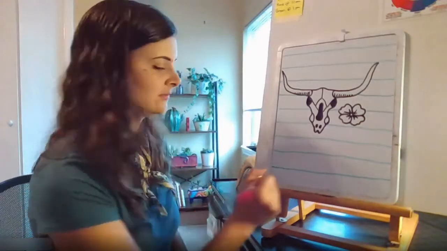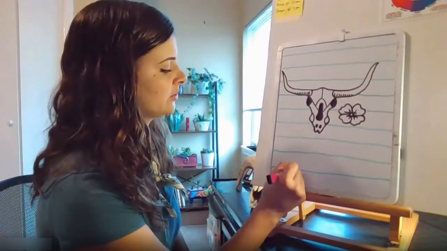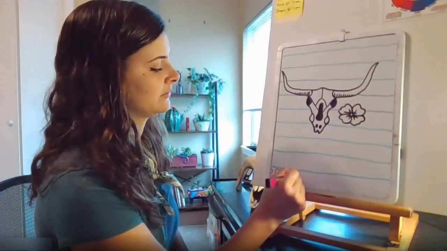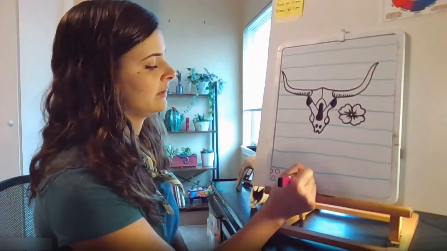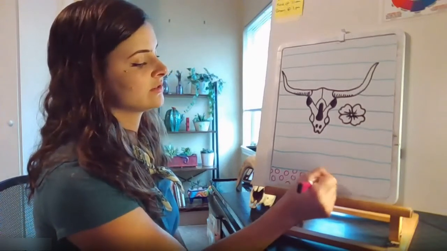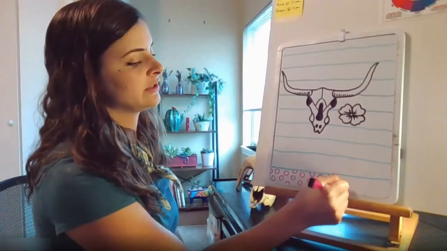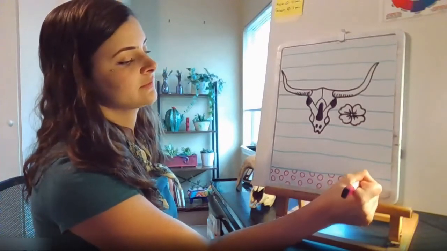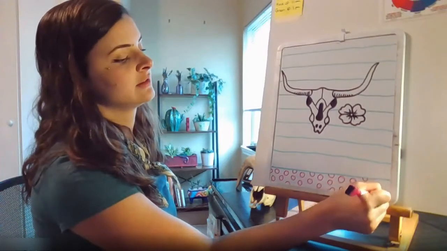So if I did a circle, I would just do a bunch of little circles inside my strip. And that's how you make a pattern. If I were to just do one circle, that would just be a shape. But now that I'm repeating it, it becomes a pattern.